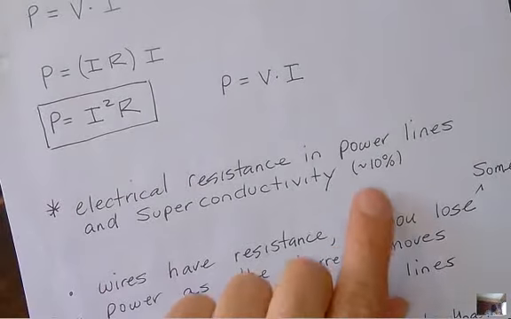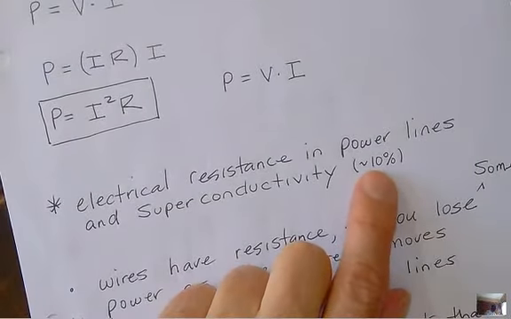And then in the next chapter, we'll talk about another thing you can do, which is jack up the voltage to very high voltages when they leave the power plant and transmit the power in high voltage power lines to the cities so that you don't lose 10%. You can lose a lot less than that.